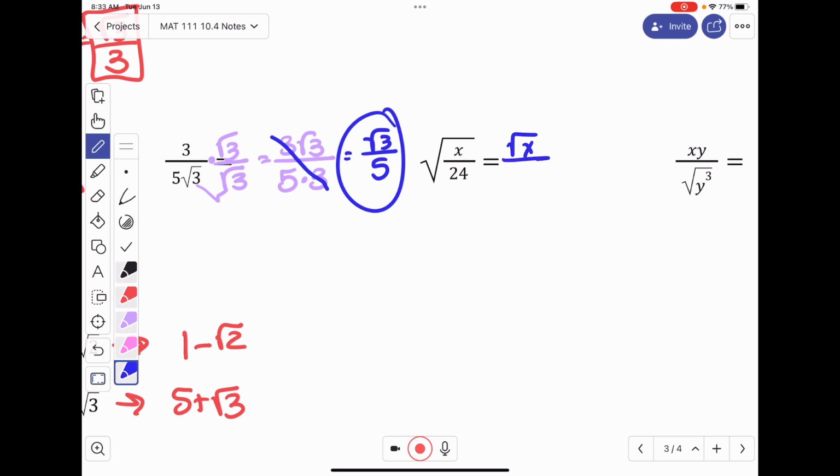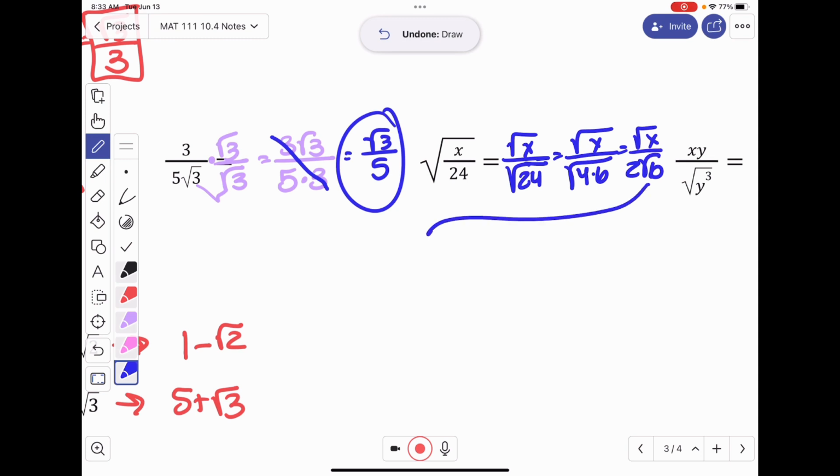Same thing here. We're going to make it root x over root 24. Then, to make my life easier, I'm going to simplify first. There's 2 ways. One way is to simplify first. So I'm going to say 24 is 4 times 6, which is 2 times root 6.